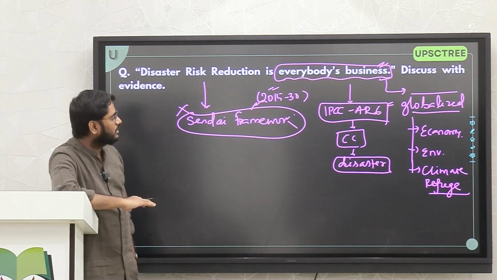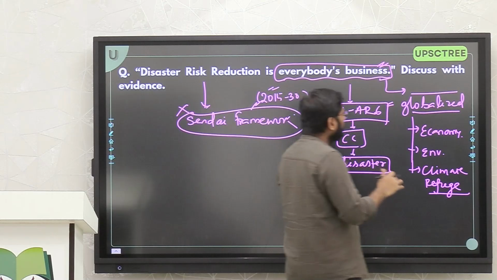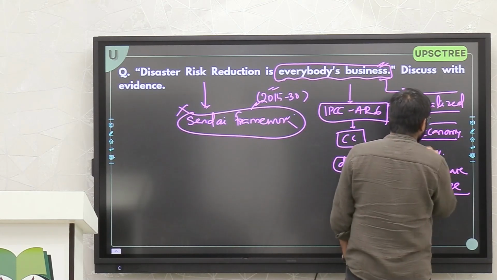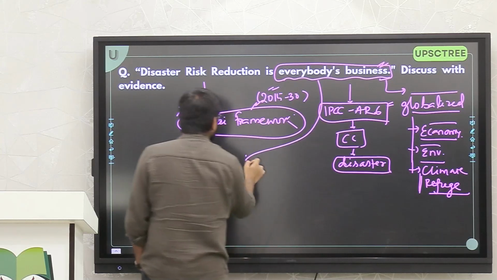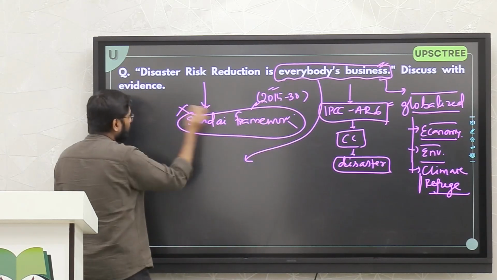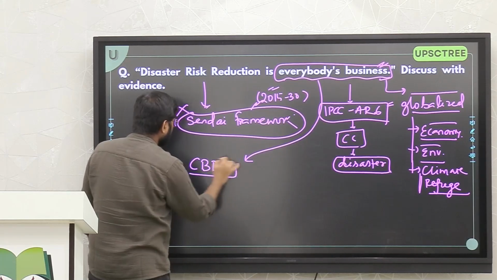So that is the reason why, if you want to prepare for disaster, then everybody has a role in it. And when we say everybody's business, one particular principle you have to talk about here is common but differentiated responsibilities.